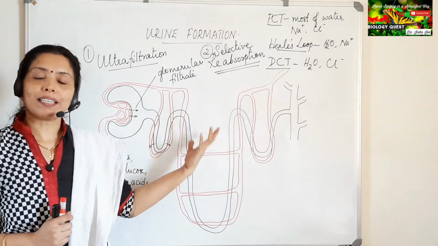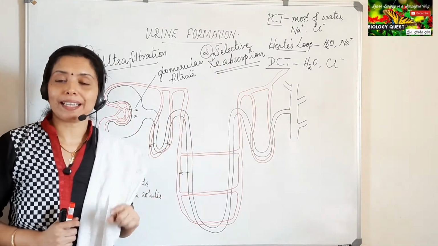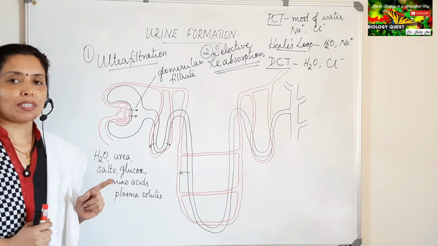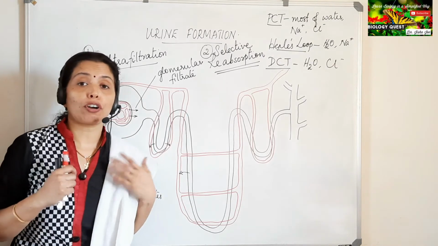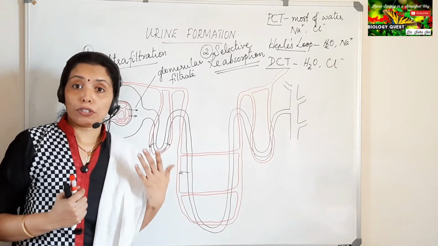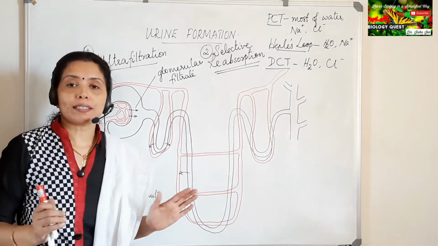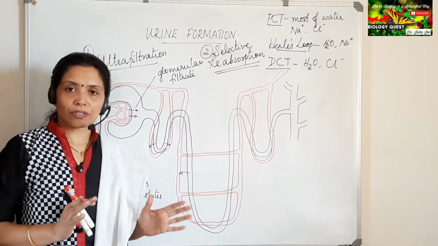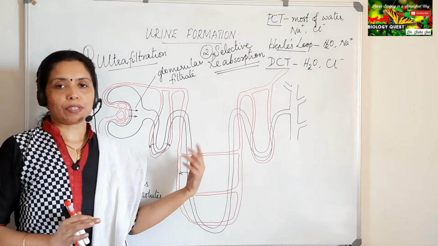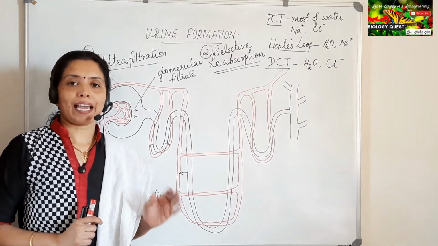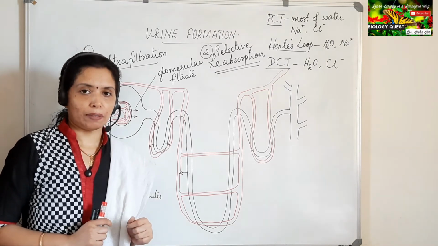Reabsorption takes place in the kidney tubules in such a way that it does not affect the normal osmotic concentration of the blood. The blood should not become hypertonic nor should it become hypotonic. Okay, so without disturbing the osmotic concentration of the blood, reabsorption of the substances will take place. And that is how the kidney helps in osmoregulation.